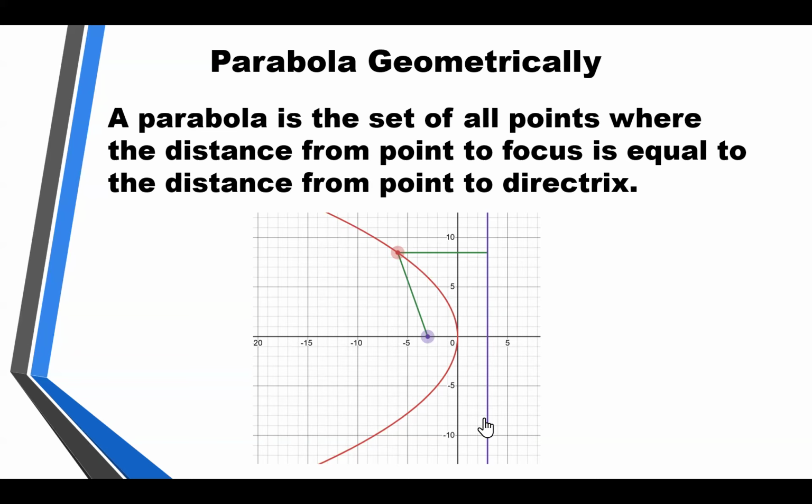And it turns out, if you take any point on the parabola and you measure the distance to the focus, and then take that point and measure the distance to the directrix, these two values will be the same.